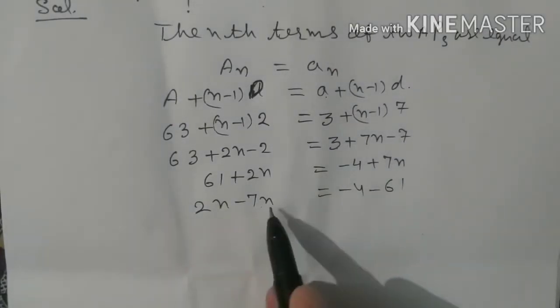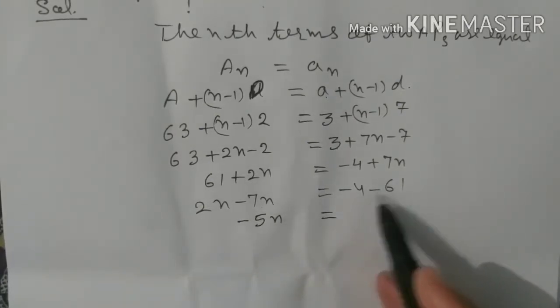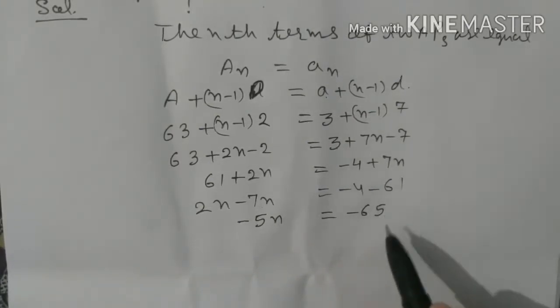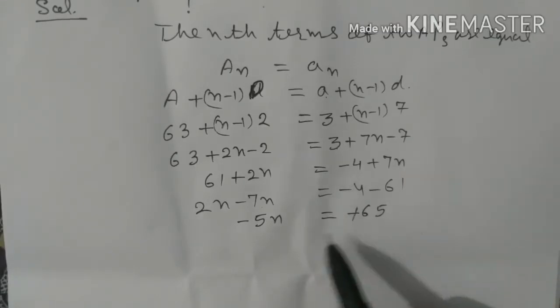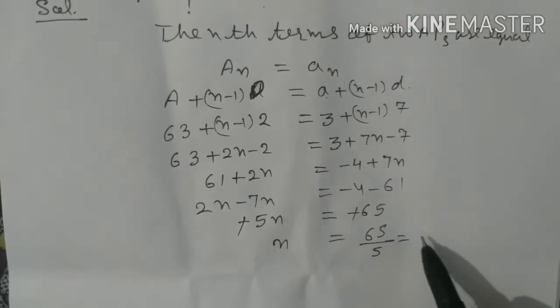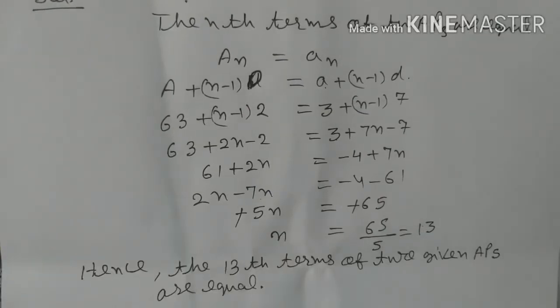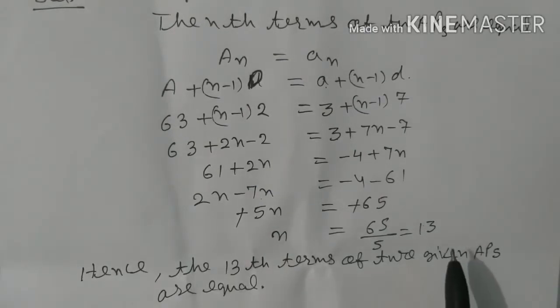Now 2n minus 7n means minus 5n is equal to minus 65. Minus minus cancel, n is equal to 65 upon 5 is equal to 13. It means the 13th terms of the two given APs are equal.